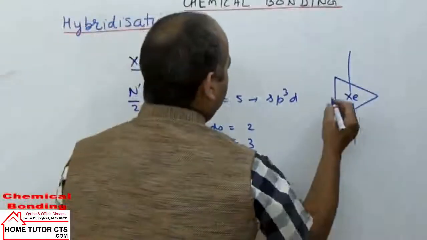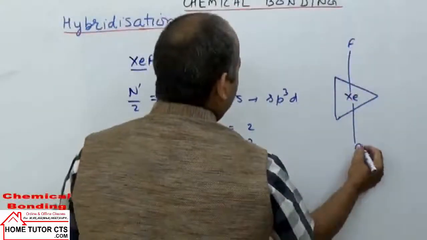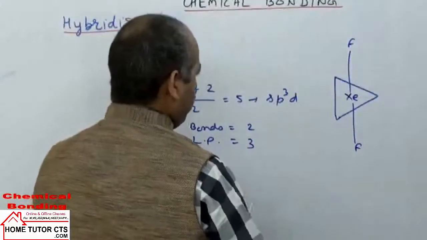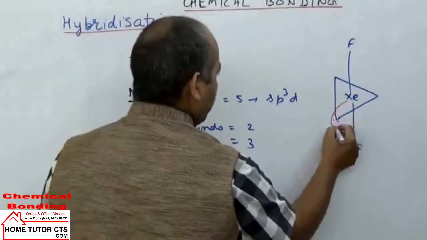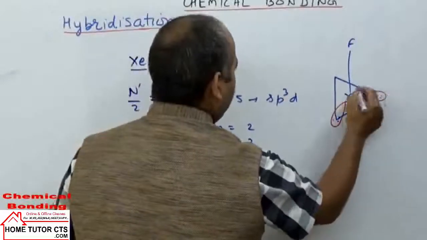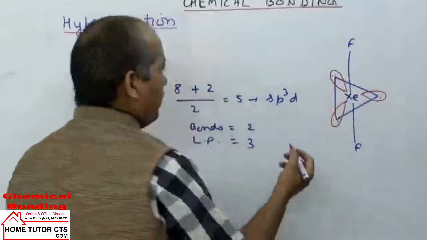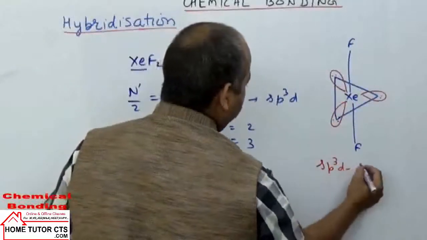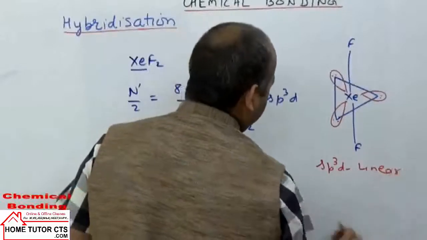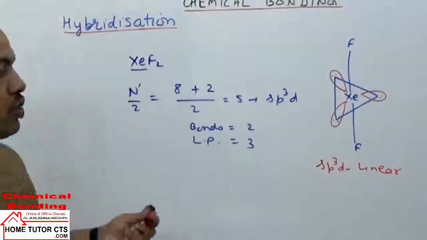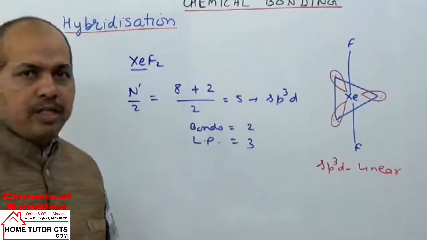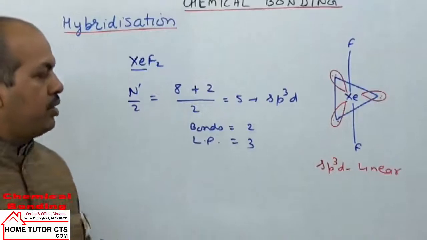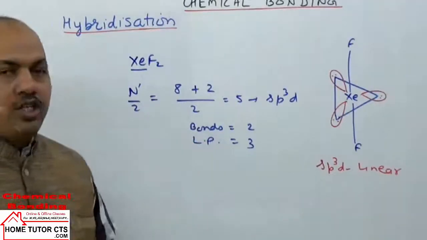So 2 bonds means fluorine and lone pairs at the equatorial positions. All 3 lone pairs equatorial. The shape will be here linear, hybridization sp3d, and shape will be called linear. In the exam they only ask geometry or shape without mentioning difference. You will tell the shape only, actual shape. So in this case hybridization sp3d and shape become linear.